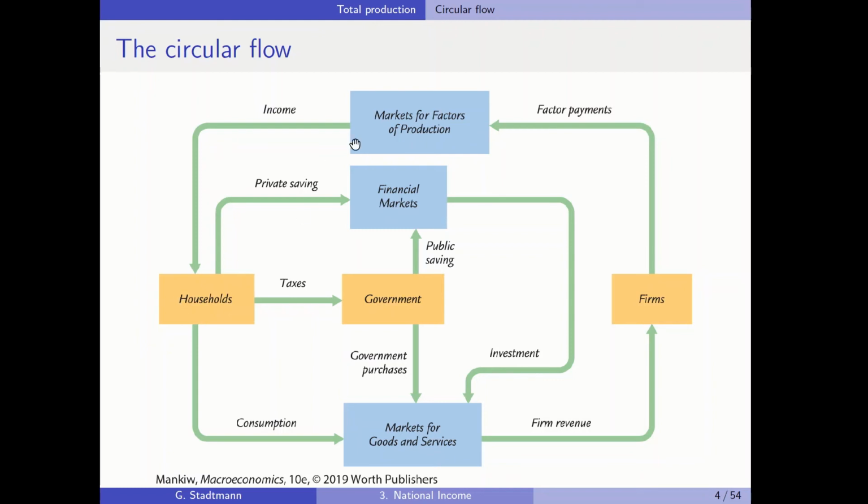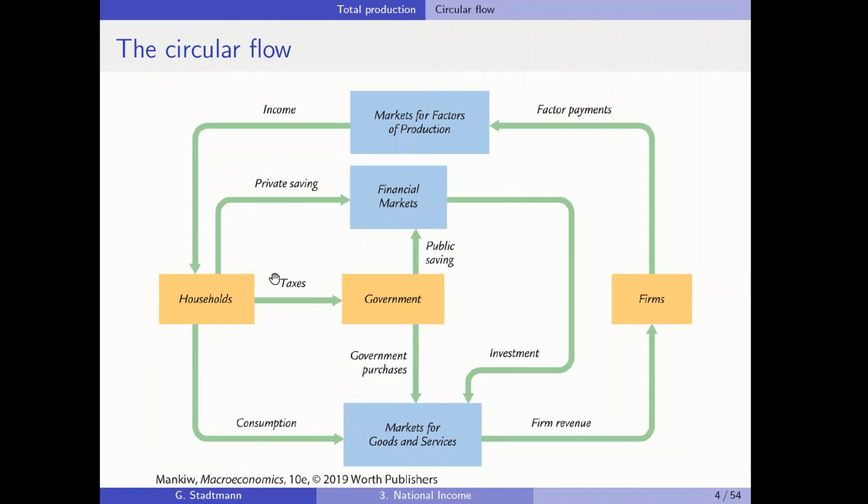So the households get wages, but also profits and dividends from the factor markets. Afterwards, the households have to pay taxes to the government, and they can buy some goods at the markets for goods and services. This is where the firms get their revenues from, and the firms are paying wages and profits to the factors of production.